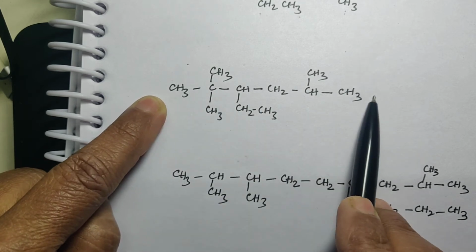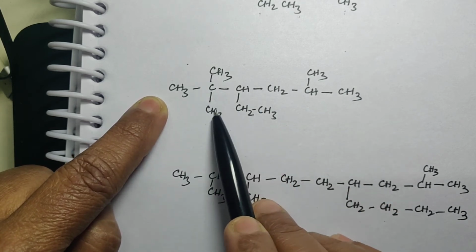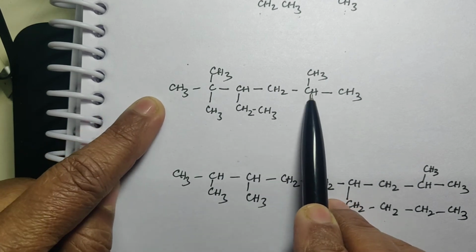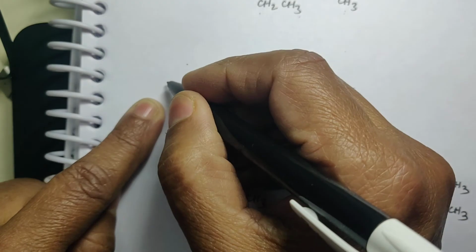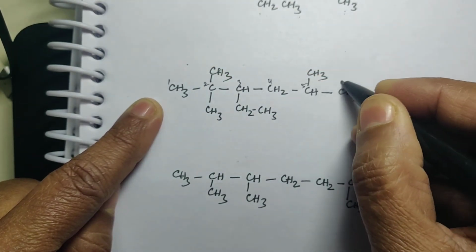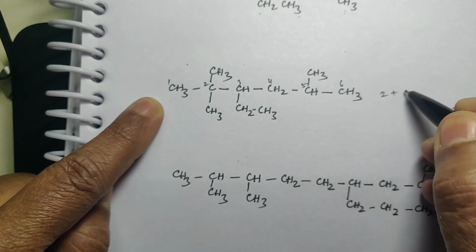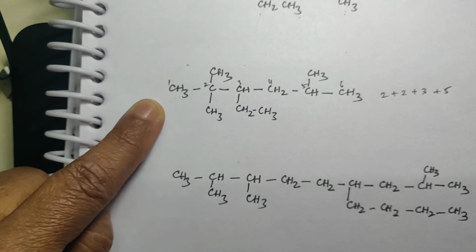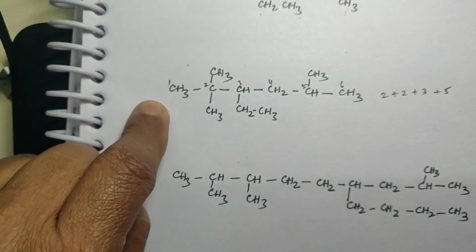Whereas if you start from here, at the second position there are 2, then immediately at the third position you have one, and then at the fifth position. So it is 1, 2, 3, 4, 5. So the sum of locants is 2 plus 2 plus 3 plus 5. This is the right one. From left to right is the right one.